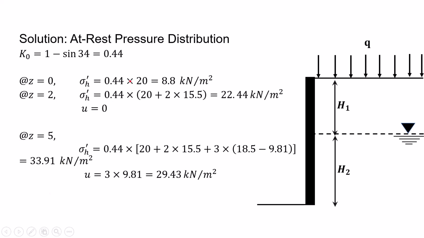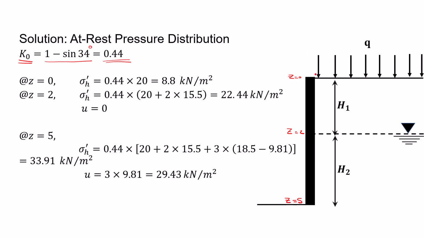So we start with the at rest pressure. K0 for a normally consolidated soil is 1 minus sine of phi prime. So it is 1 minus sine of 34 degrees, which would be 0.44. So we consider it at z equal to 0, z equal to 2, and z equal to 5.